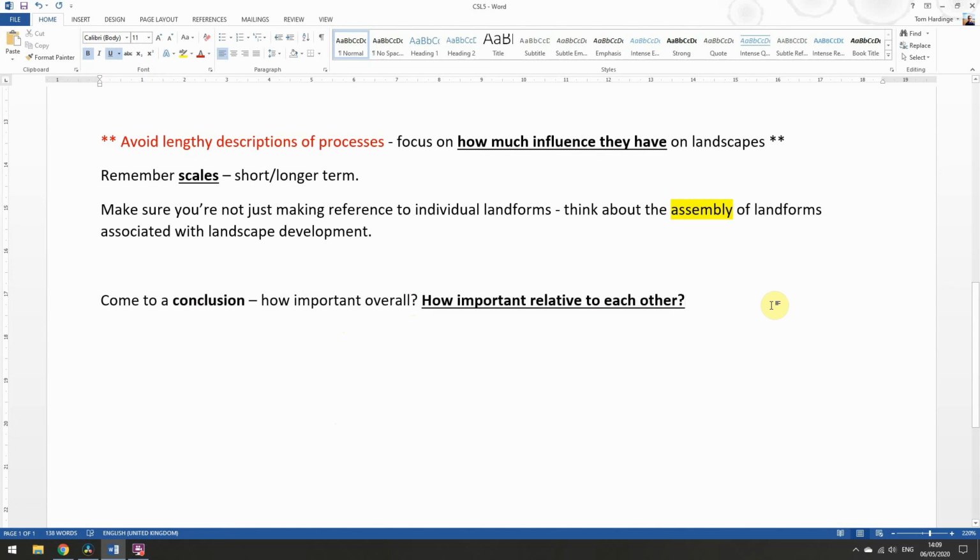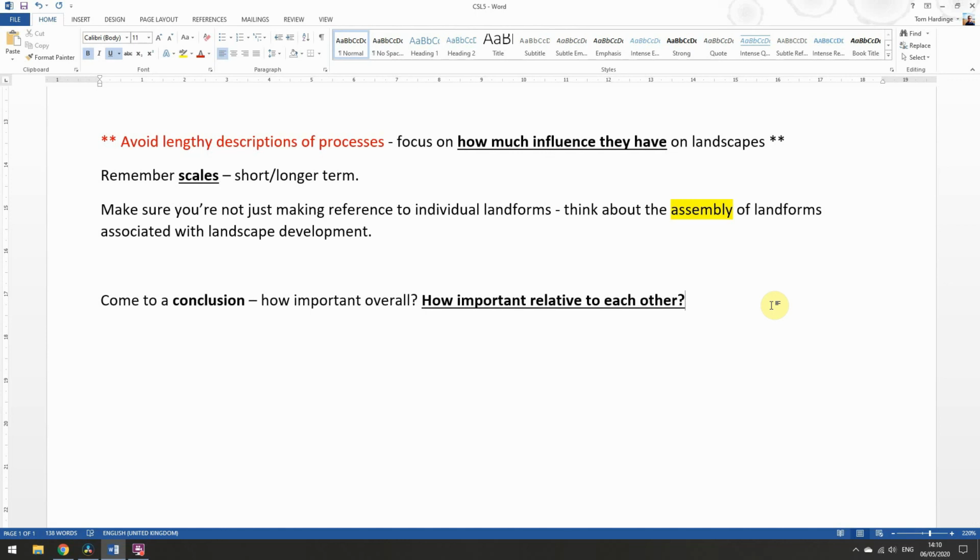You could argue it either way, depending on how you want to illustrate your point with different processes and different examples. So don't get too hung up on worrying about whether you've presented the right viewpoint. If you haven't presented a viewpoint, that is a bigger problem than maybe arguing it in a slightly different way.